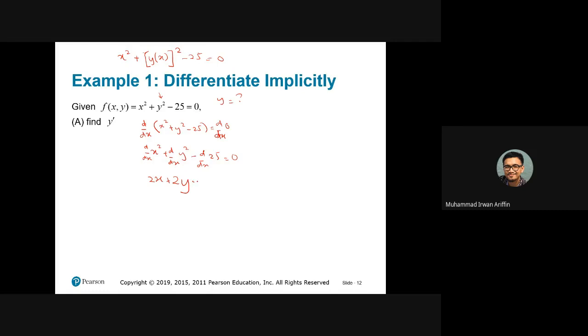I hope everyone understood that. So we get 2y y prime minus 0 equals 0. This is when we apply the general power rule.